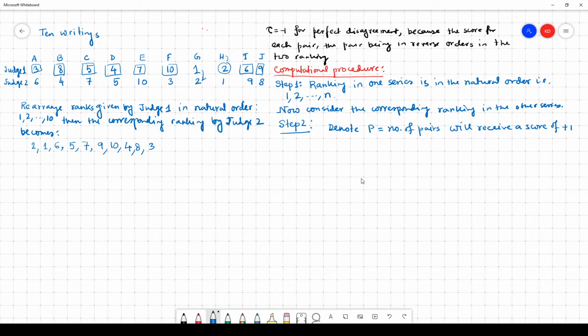That is, P pairs have ranks in the natural order.